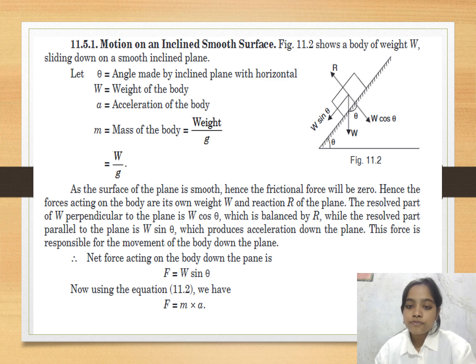Now, as the surface is smooth, the frictional force is zero. Hence, the forces acting on the body are its own weight W and the reaction R acting on the body from the plane.